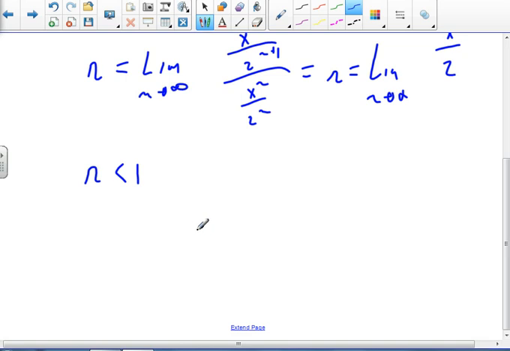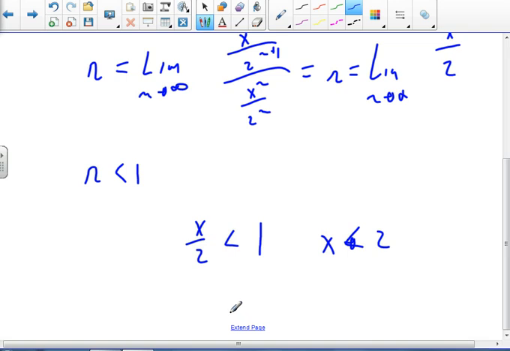Okay, so x over 2 has to be less than 1 in order for this to converge. So x has to be less than 2.